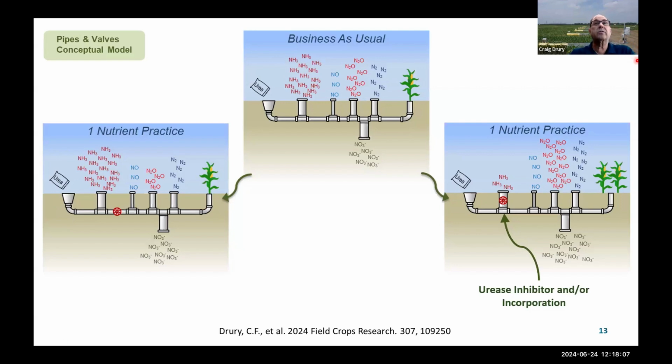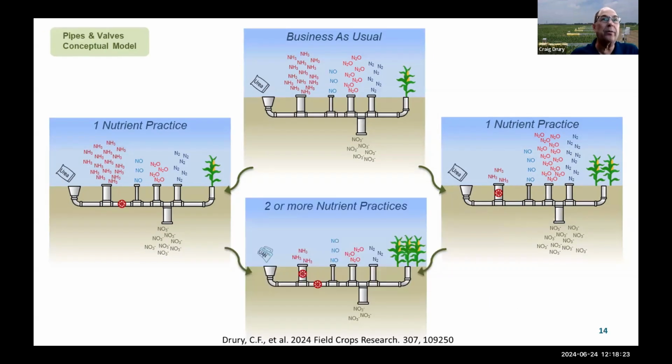So what's the solution here? If we just put one valve in, it can affect one process, and the second valve, the second one. But if we stack processes and look at a couple of combinations together, we get 2 or more practices.